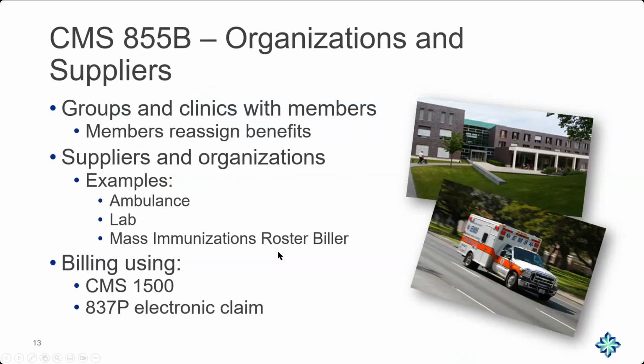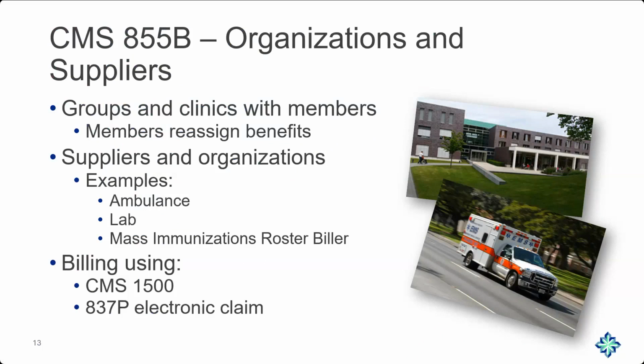So we'll start with the CMS 855B. Think of it as B is for business. This is going to be for any Part B providers, so anyone who is billing on a CMS 1500 form or an 837P transaction. It's going to be for any of those providers that are organizations, clinics, or suppliers.